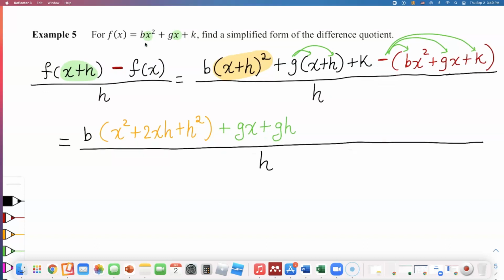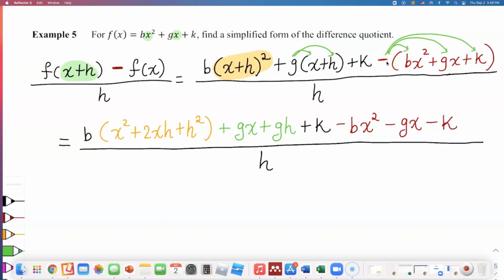And then I bring down the rest of the terms, plus k. But while at it, let's go ahead and distribute this minus sign: minus bxh, minus gx, minus k. Everything inside the parenthesis turned into minus because we were subtracting that trinomial.